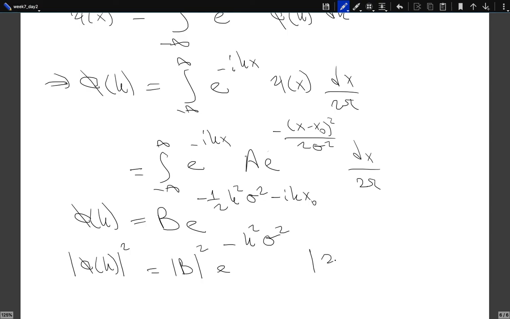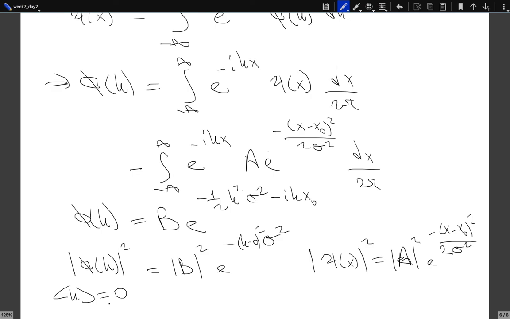But now let's compare this with psi of x squared, which was a squared, e to the power minus (x minus x0) squared over sigma squared. The average of x was just this number over here, x0. Here it's just k minus 0 squared, so the average of k is 0.